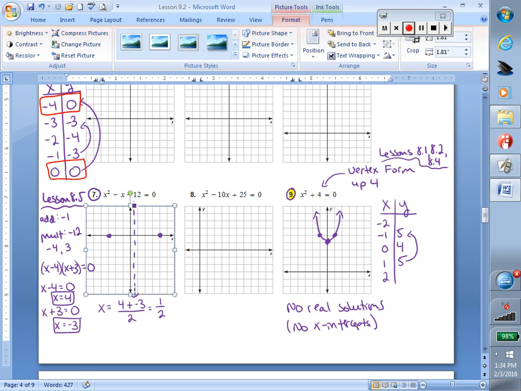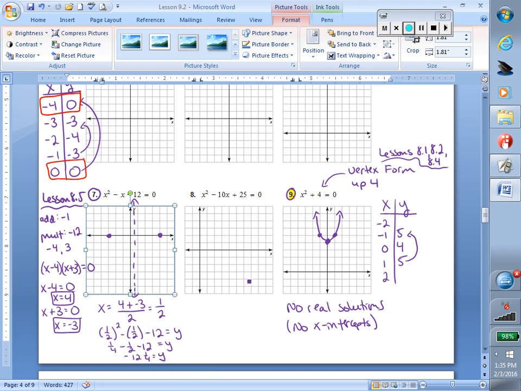And just like we refreshed on earlier in our first example, if I know x, all I have to do is substitute that value in for x into the equation and solve for y. So we should get -12 and 1/4 for our y.